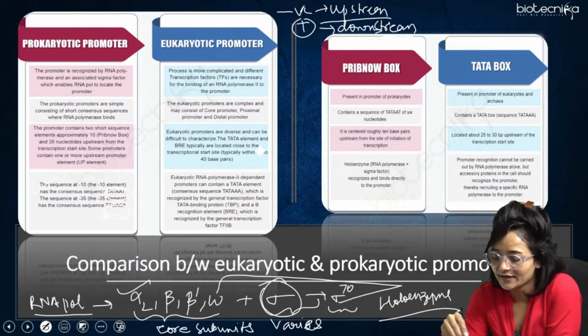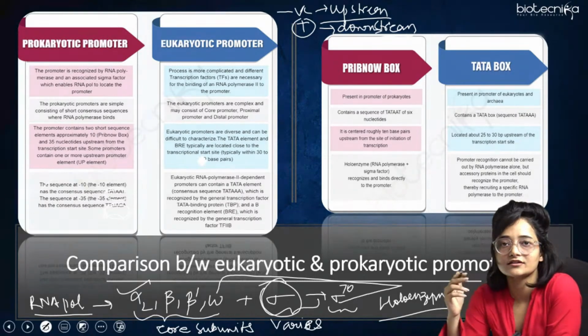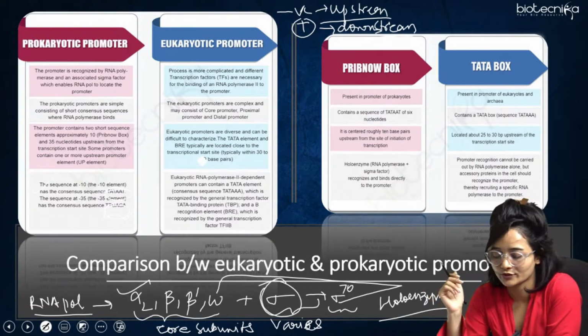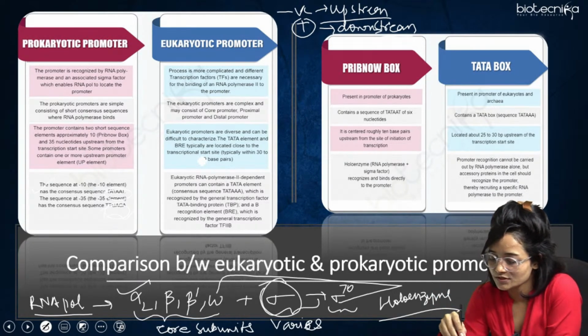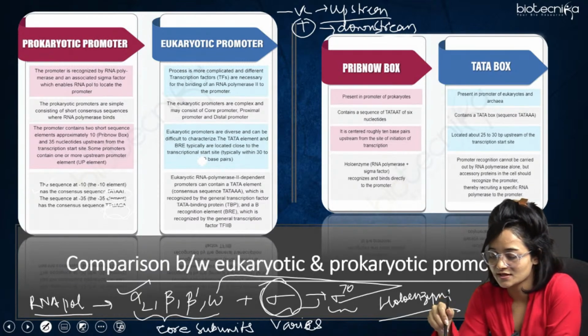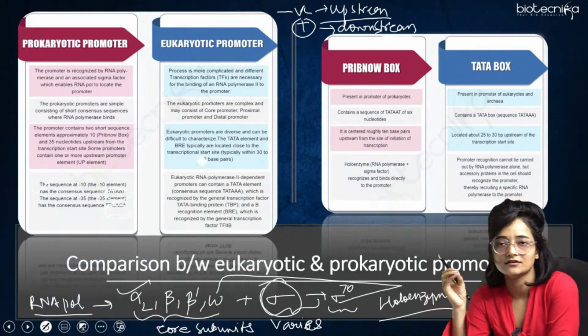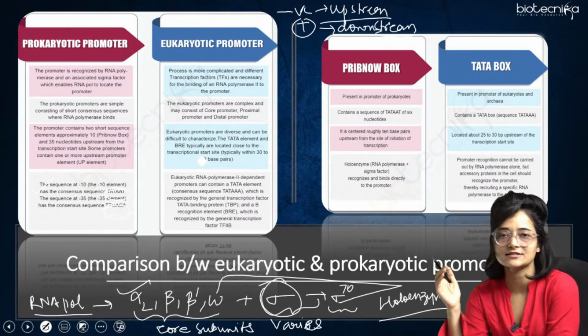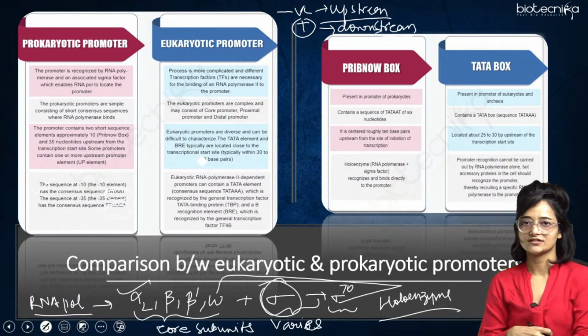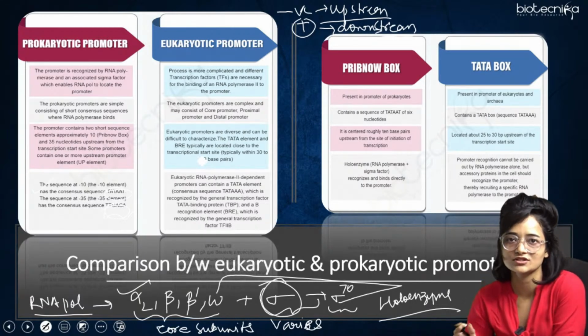So the TATA element and the BRE element are the major components of the core promoter, right? They are typically within 30 to 40 base pairs upstream of the initiator or the transcription start site.